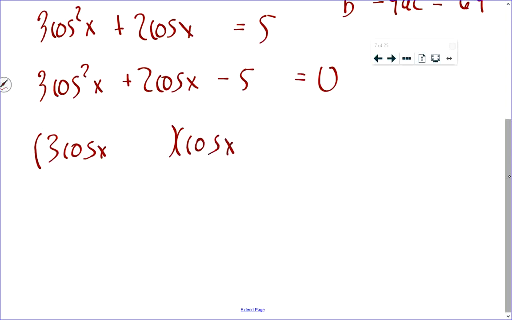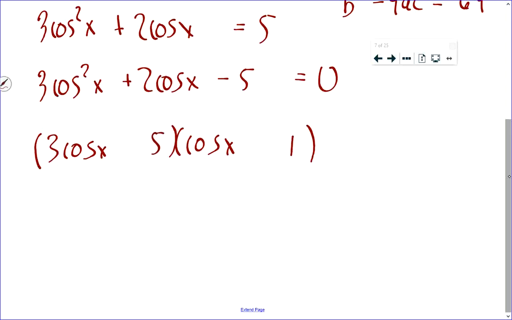It's got to be 3 cos x and cos x, to multiply to give 3 cos squared. The 5 has to come about by multiplying the two integer parts of the binomials, which is going to be 5 and 1. Even the thought of putting 5 here tells me I'm on the wrong track because my outer is going to be a whopping 15 cos x's, and I only want to end up with 2. So the 5 is going to go here.